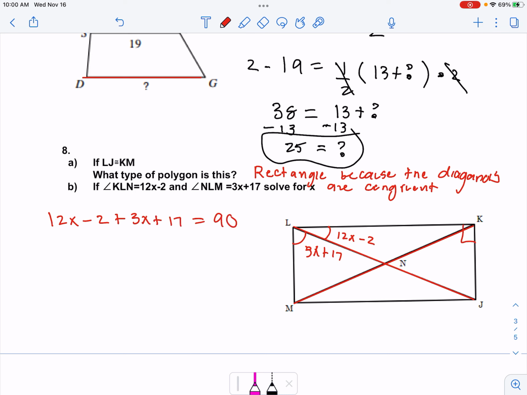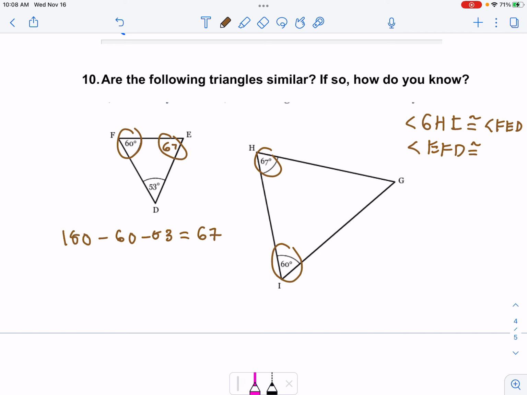They're all angles. So do we have 2 angles that are congruent? Well, I know that this angle is congruent to that angle. So I would say that GHI is congruent to FED. Right? And I also know that this angle is congruent to that angle. So that would be EFD is congruent to HIG.